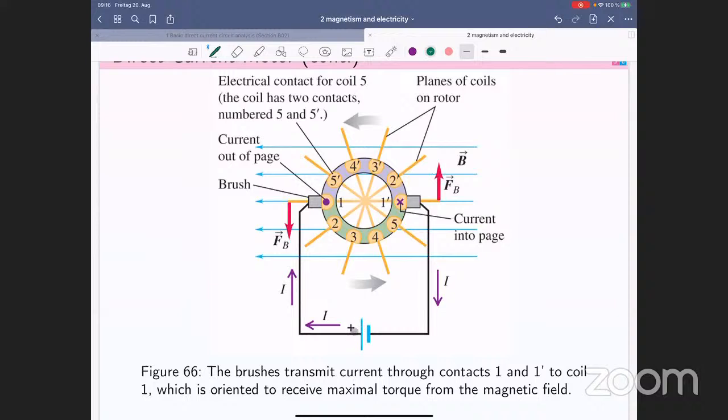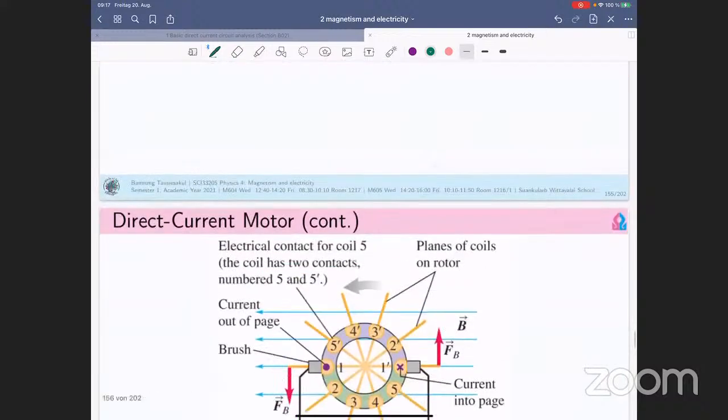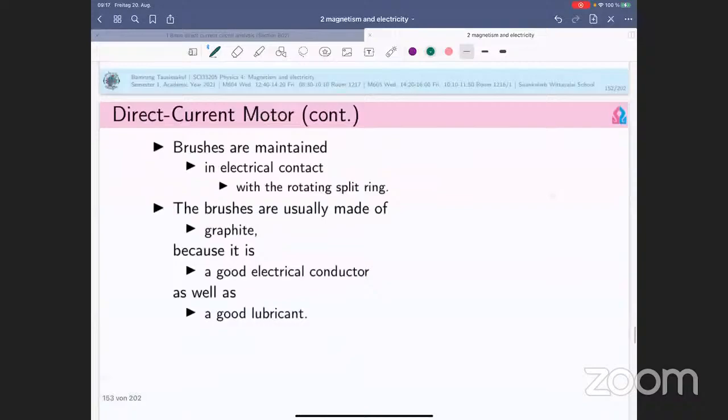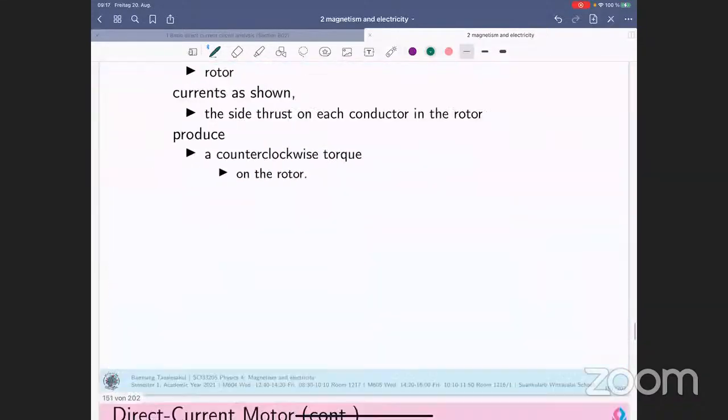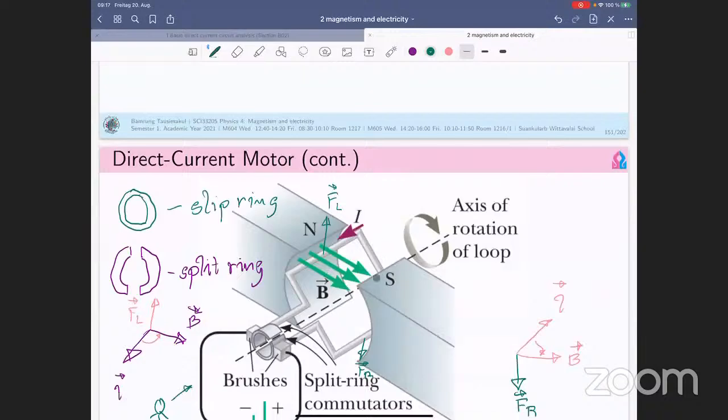This is the plus side, and the current flows here and further, and it passes the left brush and touches the conductor here. This is the first pair: number one on the left and number one prime on the right, and both are connected together at the rear part of the direct current motor.